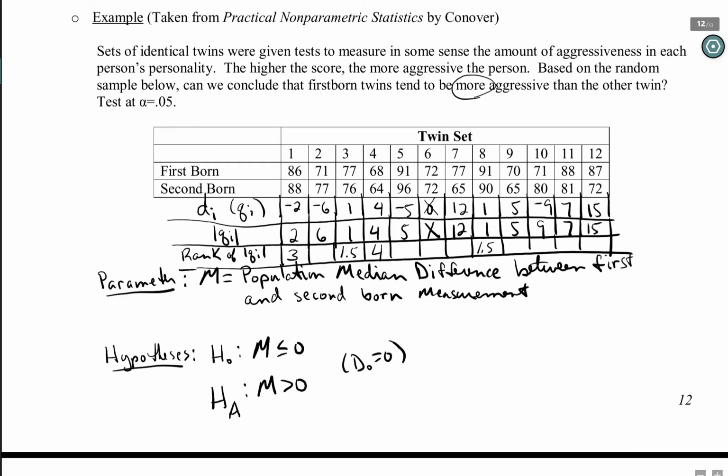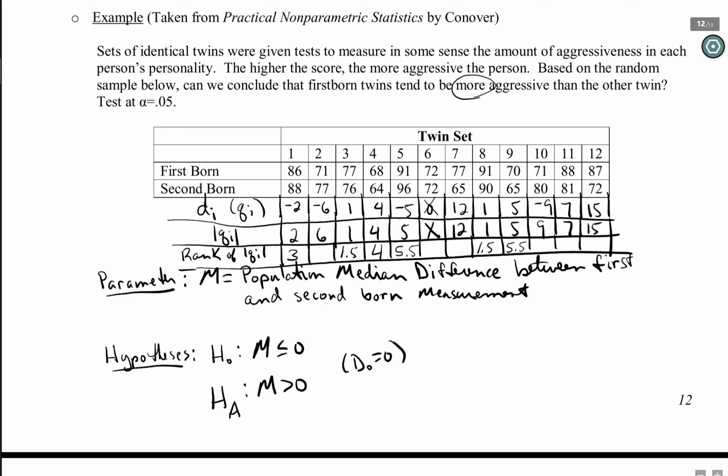The next value, I've got two 5s. I've got a 5 here and a 5 in this area here. So I'm going to have an average of the 5th and 6th rank, which is 5.5. So those will share the rank of 5.5.